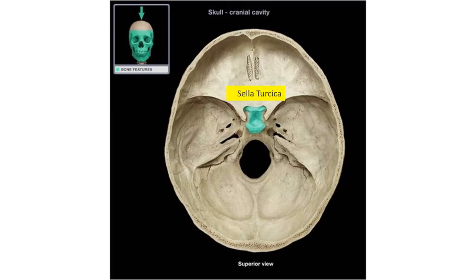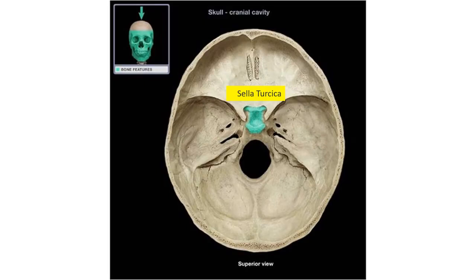Now we want to discuss the most important bone forming the center of the cranial bones, and this is called the sphenoid bone. Now, the area marked green here is the body of the sphenoid bone.